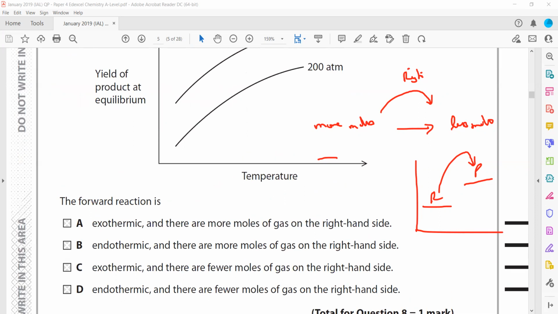What kind of reaction is this? This reaction is an endothermic reaction. And how many moles on the right-hand side? There are fewer moles, because increasing the pressure is increasing the yield as well. Is it clear, this question?